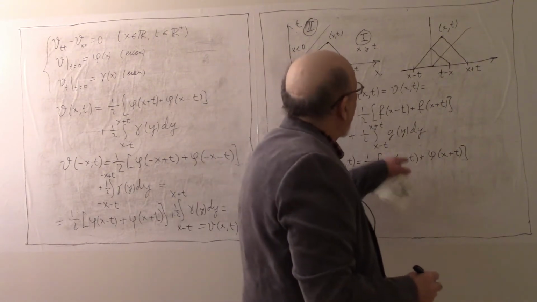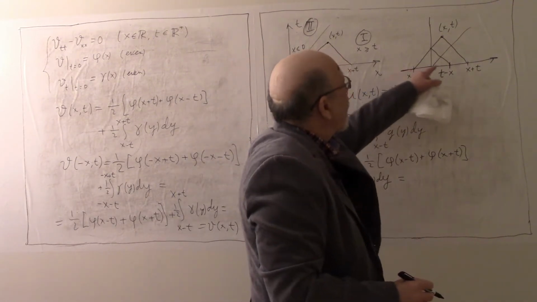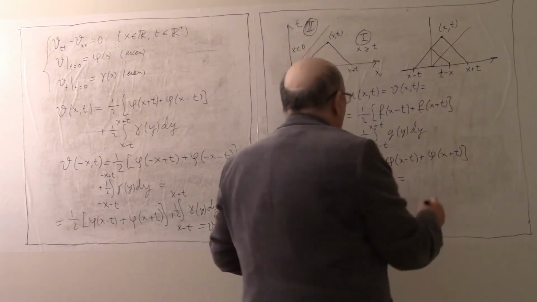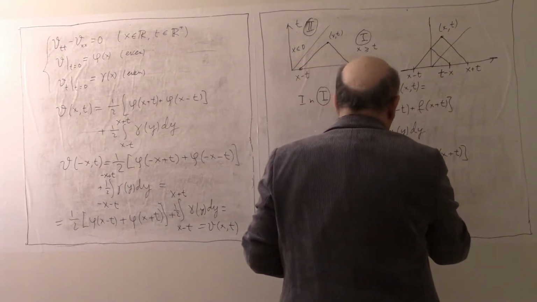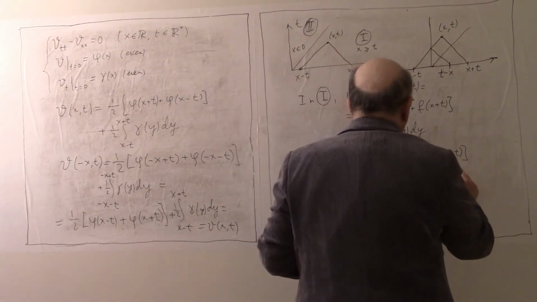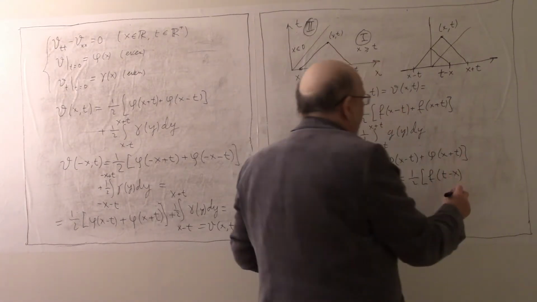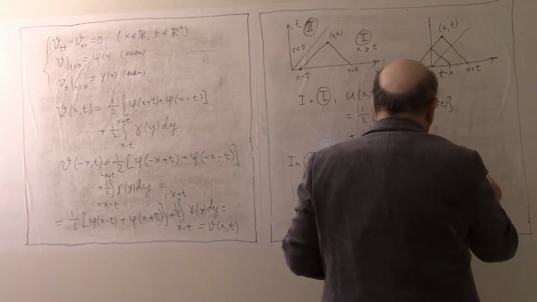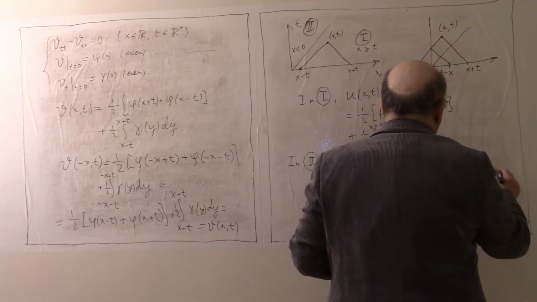Now phi of x minus t is equal to f of t minus x. So I write 1/2 of f of t minus x, and phi of x plus t is f of x plus t, plus f of t plus x.